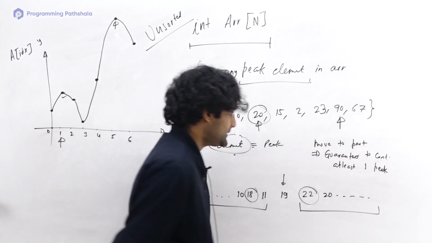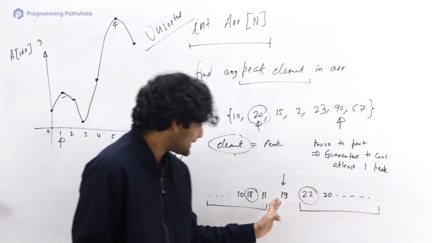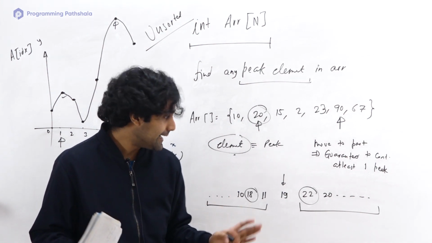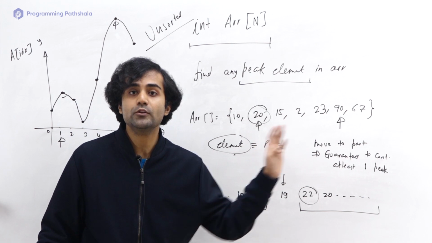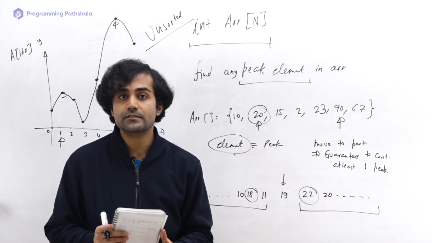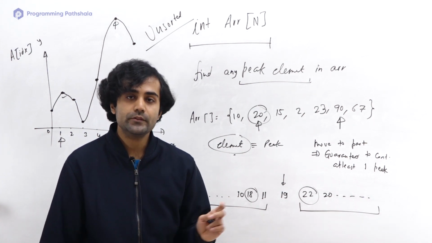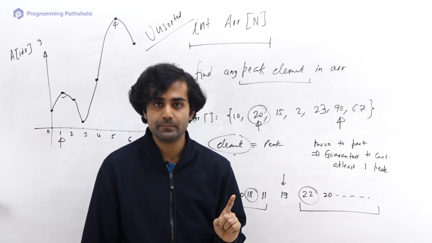At least one peak, because you know that there can be multiple peaks in this part, there can be multiple peaks in this part. The worst case is that you move to a part which does not have a peak. Moving to a part which does not have a peak is going to be very, very bad for you, right? So you would want to move to that part which definitely has at least one peak in it.